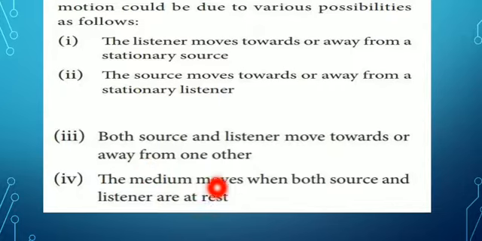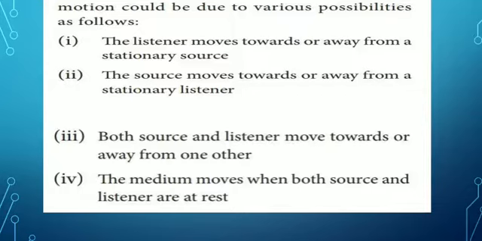See the last condition: the medium moves when both source and listener are at rest. Only the air medium moves, while the train and the passenger are at rest. So these are the four possibilities in the Doppler effect. First, the listener moves towards or away from the source.